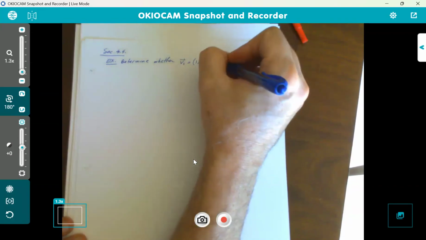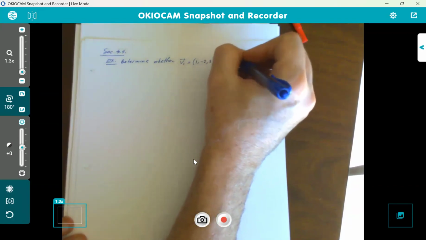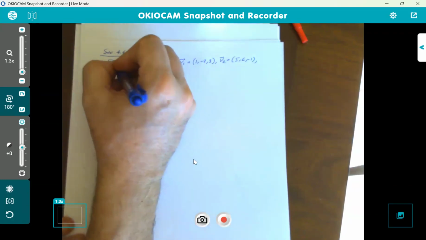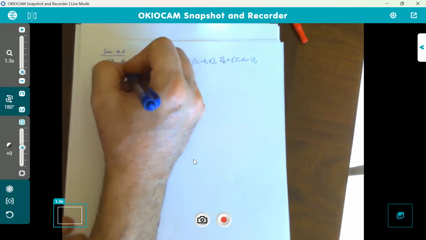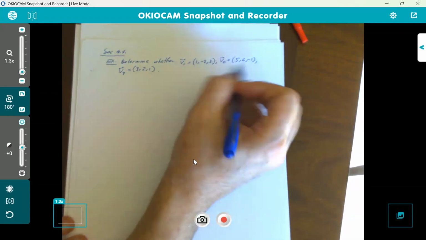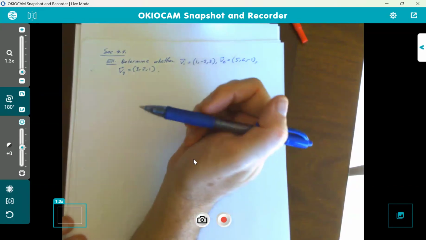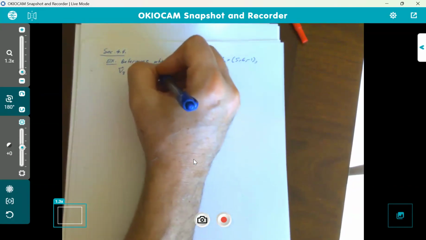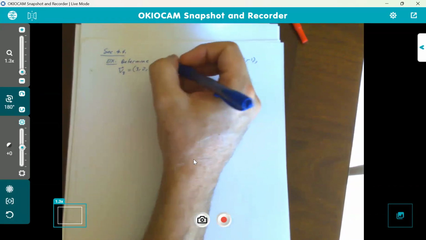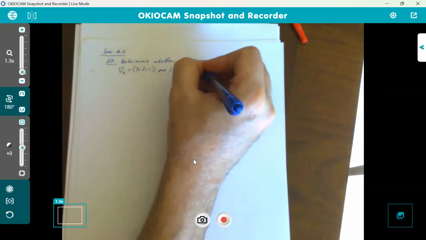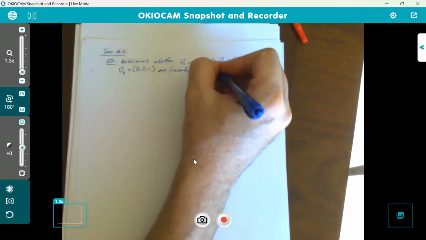And the vector v2, these are just random numbers I'm choosing. And v3, let this one be just (3, 2, 1). There you go. So I have three vectors here from R3. We want to determine whether these vectors are linearly independent in R3.